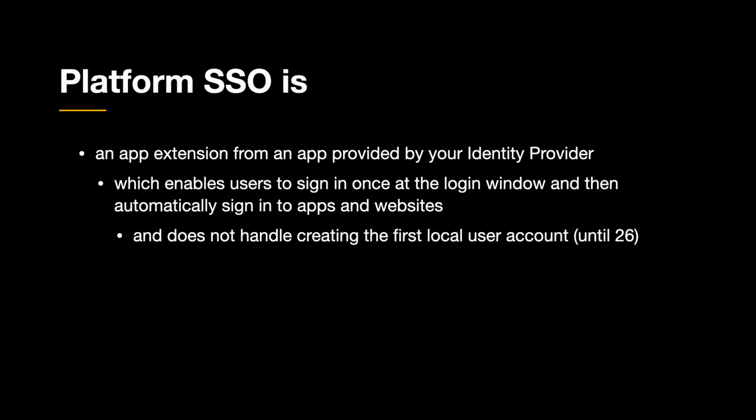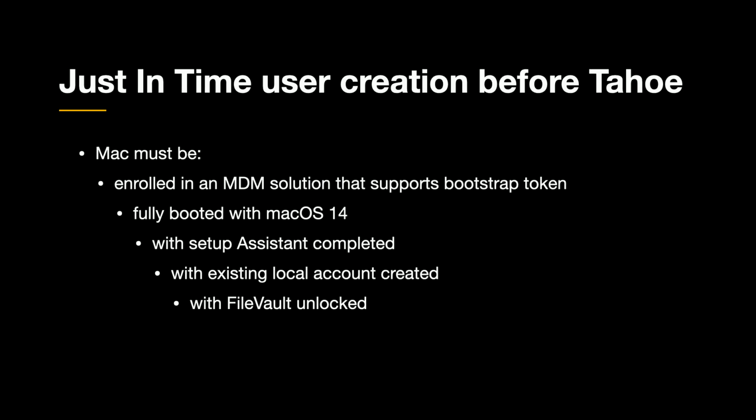All right, so all that technology aside, Platform SSO is an app extension from an app provided by your identity provider, which enables users to sign in once at the login window and then automatically sign into apps and websites that are SSO enabled. And currently it does not handle creating that first local user account, which is the frustrating part, because a lot of people are really interested in the just-in-time user creation of Platform SSO.